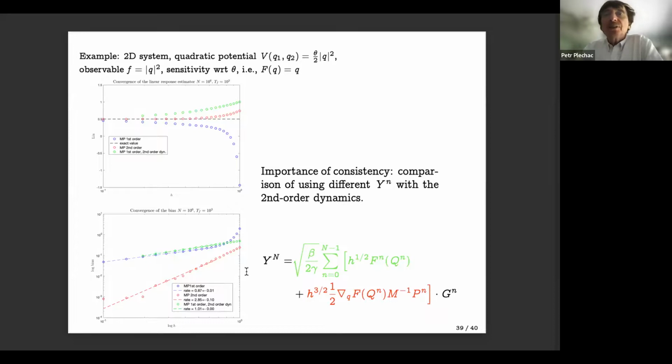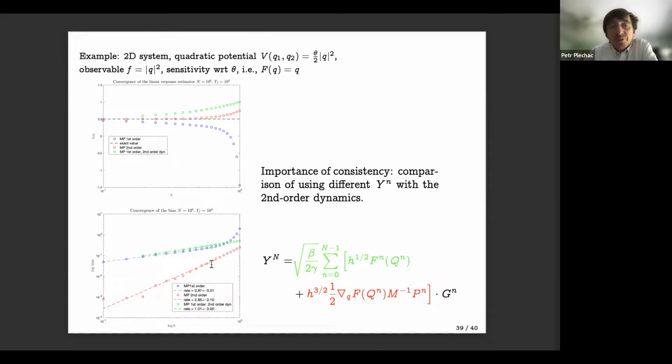As I mentioned, one reason for all this numerical analysis and trying to have consistency in these estimators was to recover the same approximation error for estimating the derivative. So I would just use this example here to show that indeed it matters how the reweighting process is constructed. Here we use, again, the second order Langevin dynamics splitting scheme.